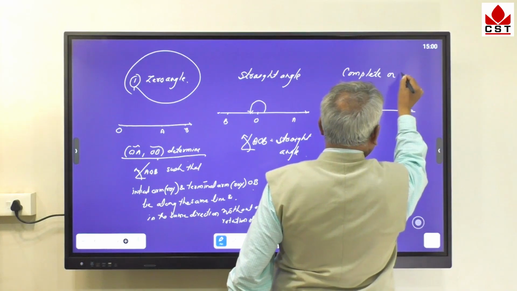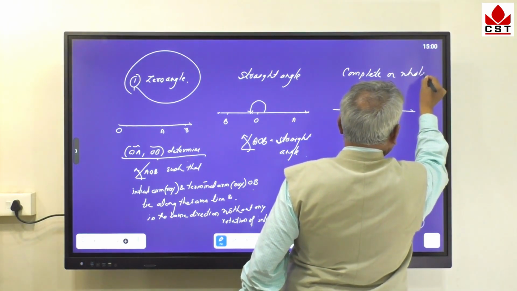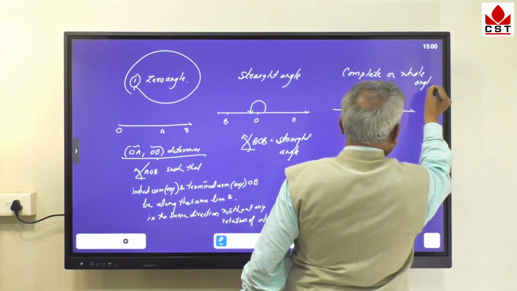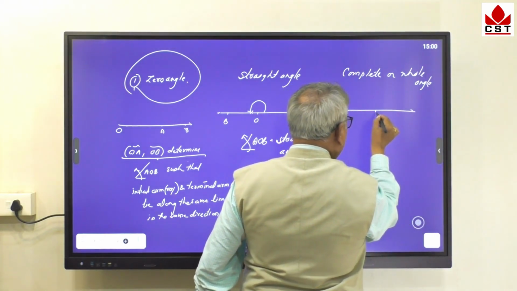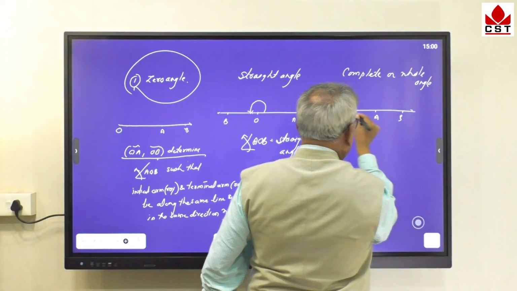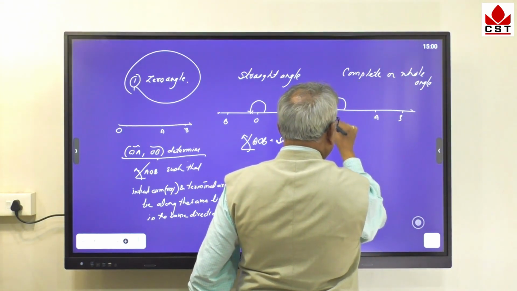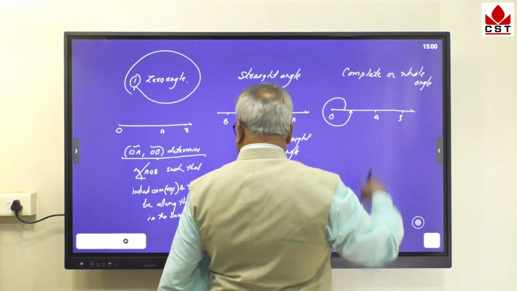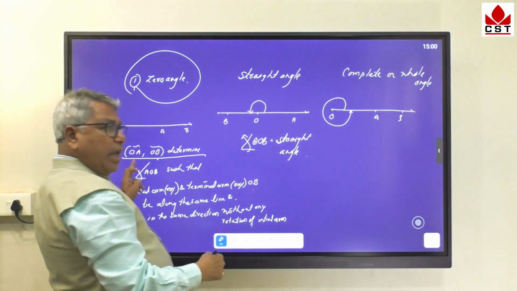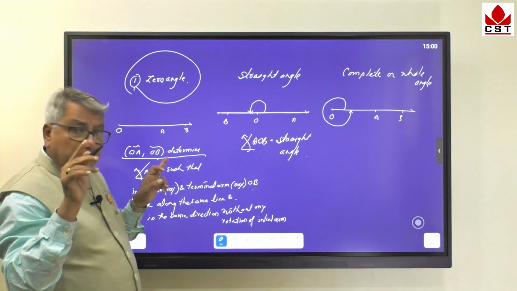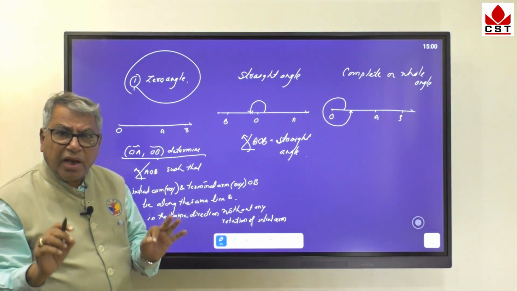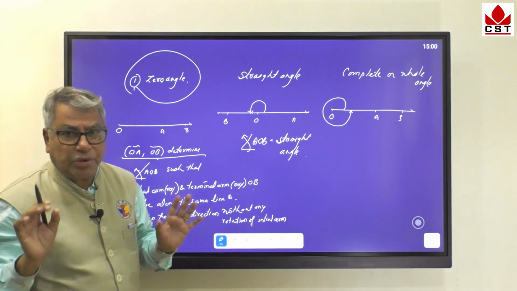Complete or whole angle. It's a basic definition. Remember that. O, A, B. Ray OA, ray OB. See that? Language is same. Only positions of initial arm and terminal arm to be noted.